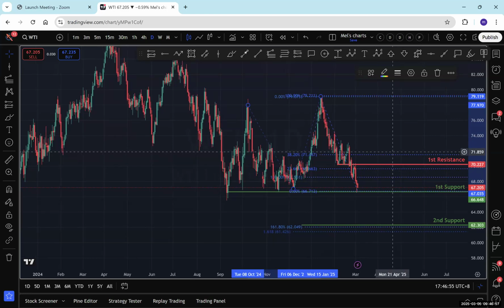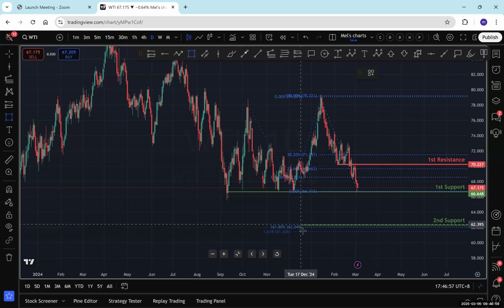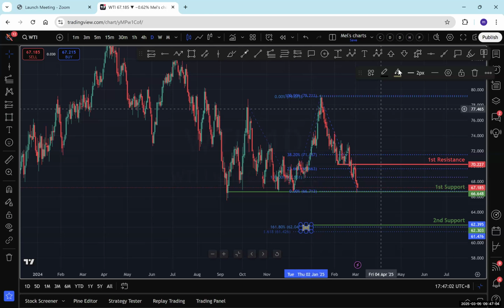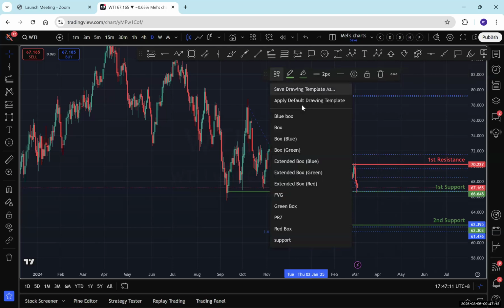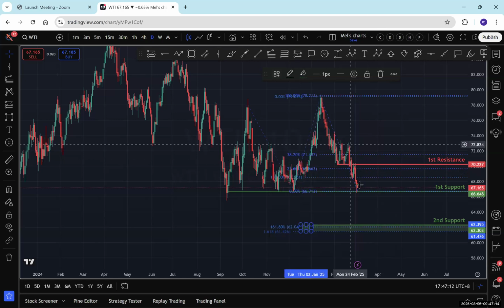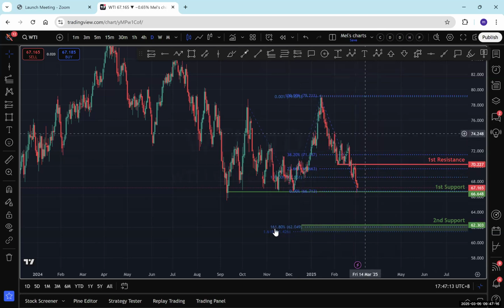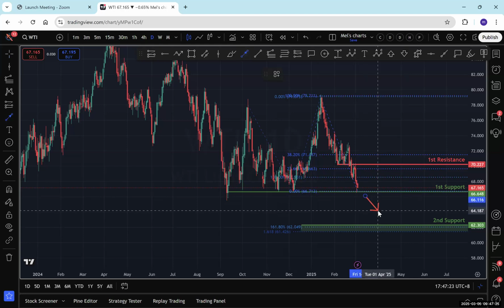Okay, so you can see in my second support, this is already a confluence area, which again, if you're unfamiliar, it's when two or more Fibonacci levels line up. Okay, here we have two. And prices tend to be attracted to these areas but may not be able to break out of them.